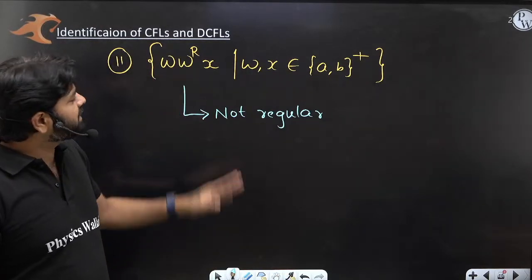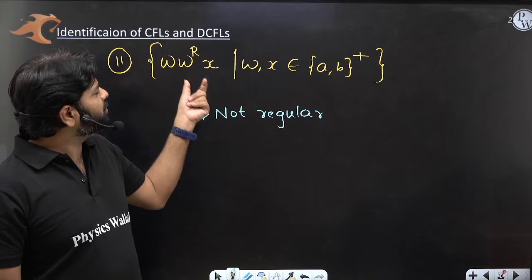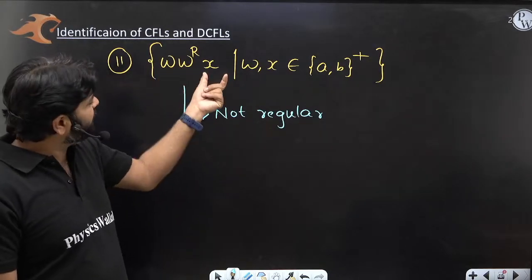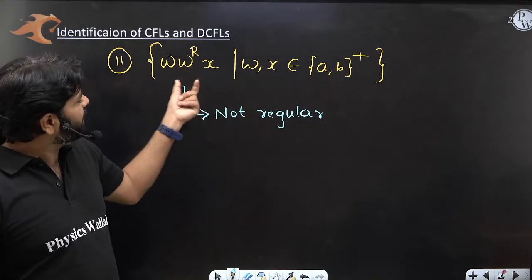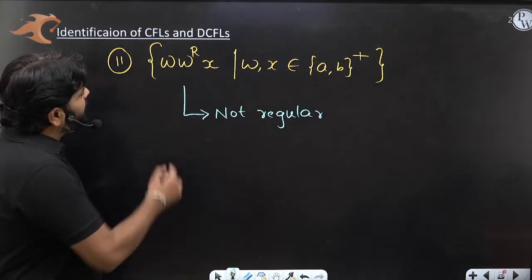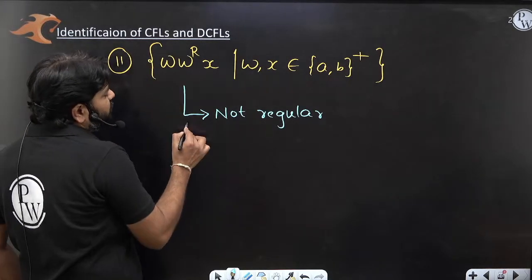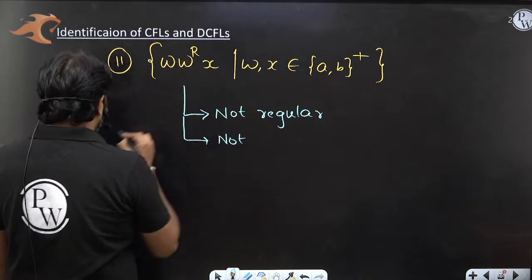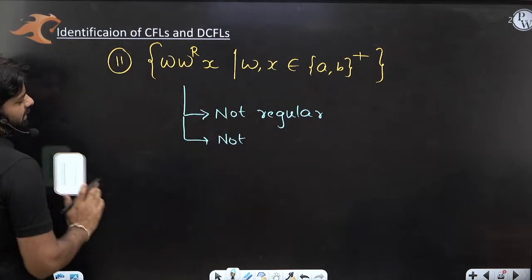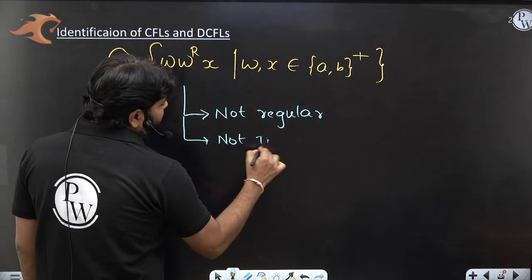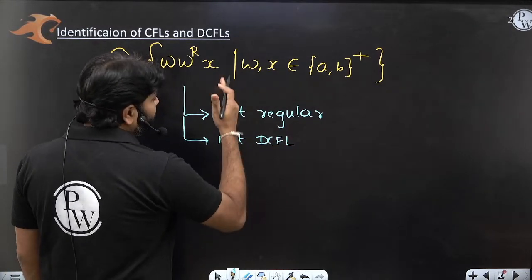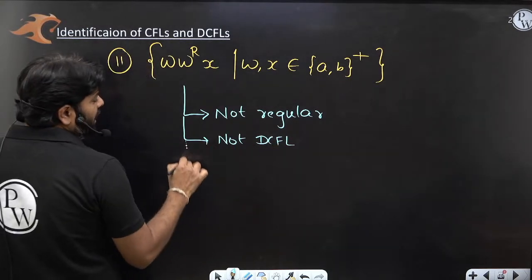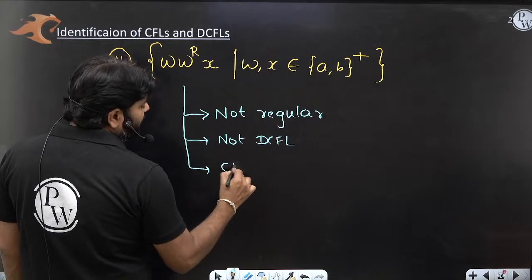And is it DCFL? See, W^R X, in that everybody is there, and it is deterministically impossible to understand when the reverse of W begins. So it is not DCFL. If a marker were there, you may do something here, but it is not there, and it is CFL in fact.